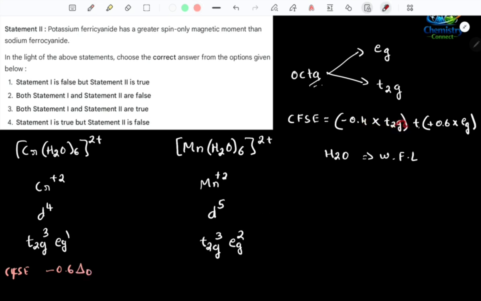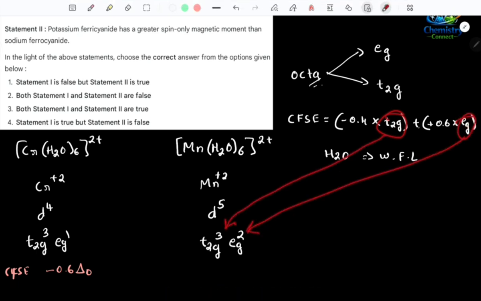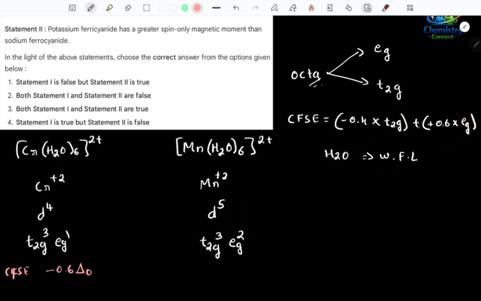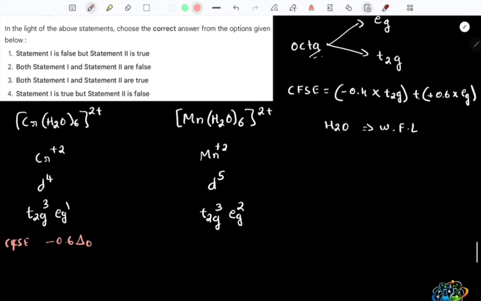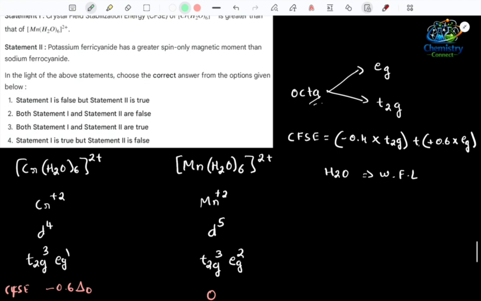Now for t₂g 3 and Eg 2, if you calculate, the crystal field stabilization energy comes out to be 0. One is minus 0.6 delta naught, another is 0. With respect to magnitude, 0.6 is greater. That means the CFSE of [Cr(H2O)6]2+ is greater than that of [Mn(H2O)6]2+.